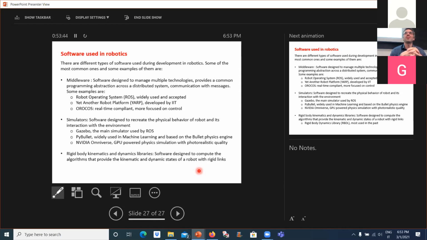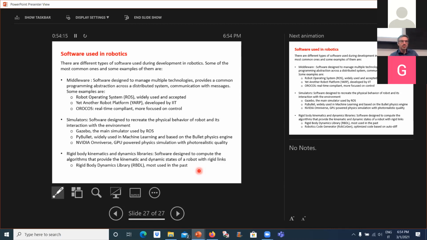Whenever you have 12 or 55 degrees of freedom, as in the case of iCub, for example, the humanoid with many degrees of freedom, the head, the torso, the arms, then you usually exploit some off-the-shelf libraries that straightforwardly provide you the kinematic model and dynamic model, starting from the URDF, for example.